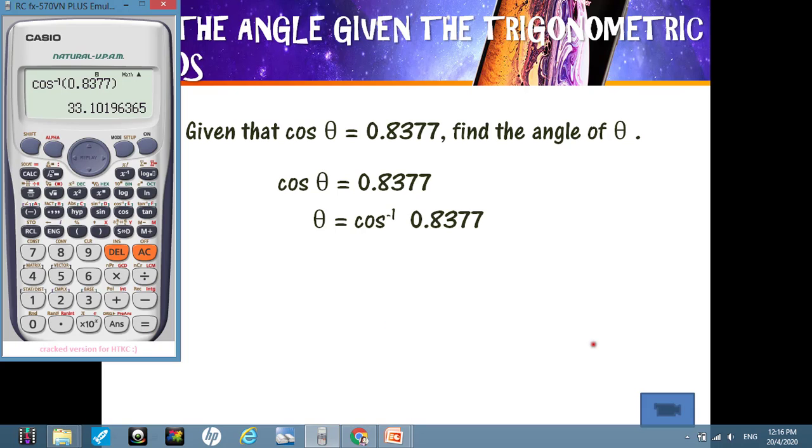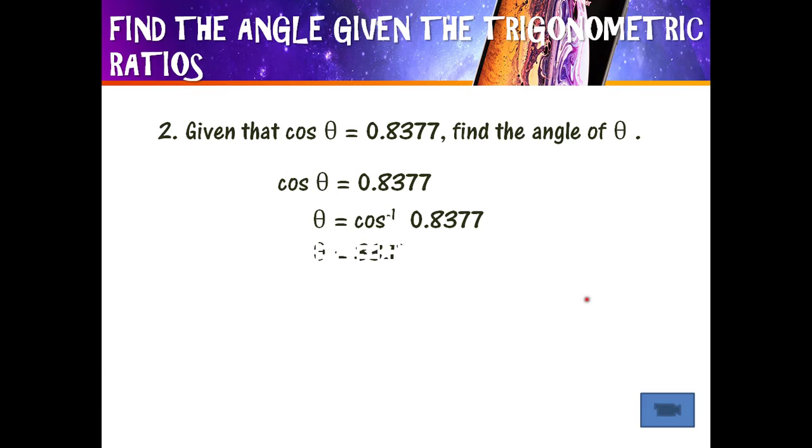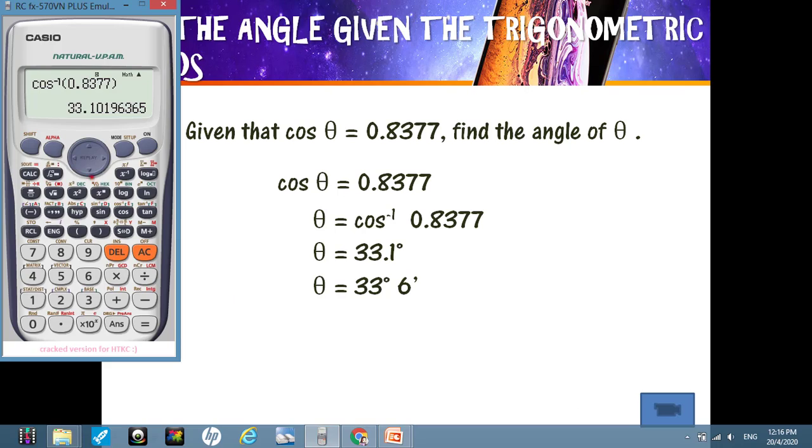You will get 33.1. If you want to change it, you just push the button here. So it means 33 degrees 6 minutes, because 7 seconds is less than 30 seconds, so you don't have to add 1.